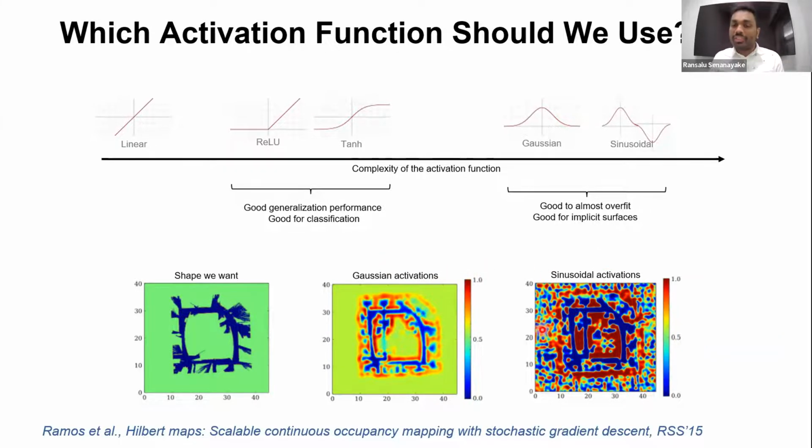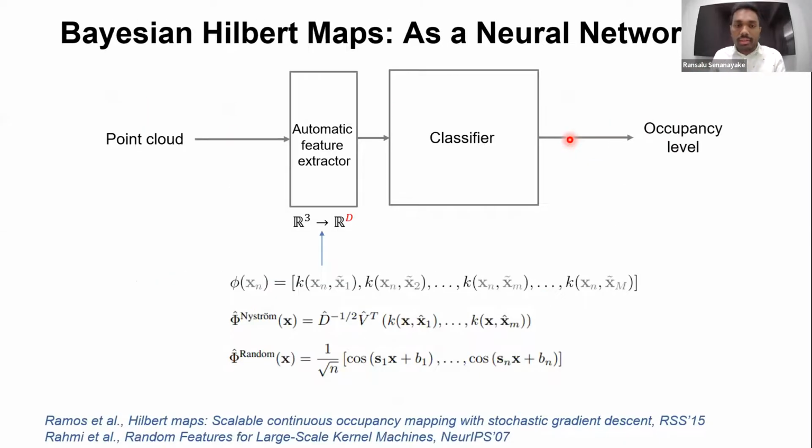Whereas sinusoidal activation functions, by definition, they overfit. So these are just two activation functions, or in other words, they are just kernels, whatever language we speak. Another good thing about this Gaussian activation function is they are more interpretable because it has a shape and we know how much they are spatially related.